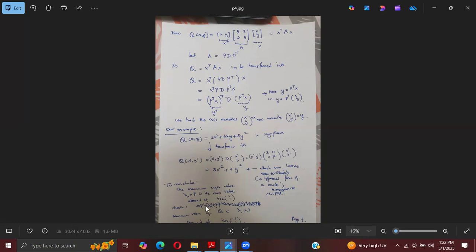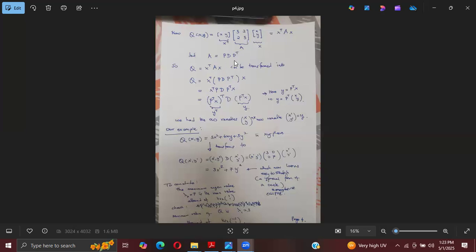All right? So the first step is what we have done. If I give you a 2 by 2 matrix, we can always find a diagonal matrix D, and we can always find an invertible matrix P, whose transpose is this, and then we can write A in this form.